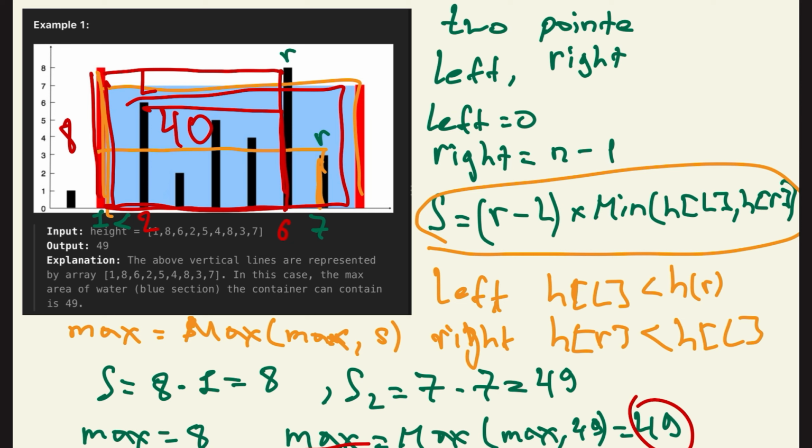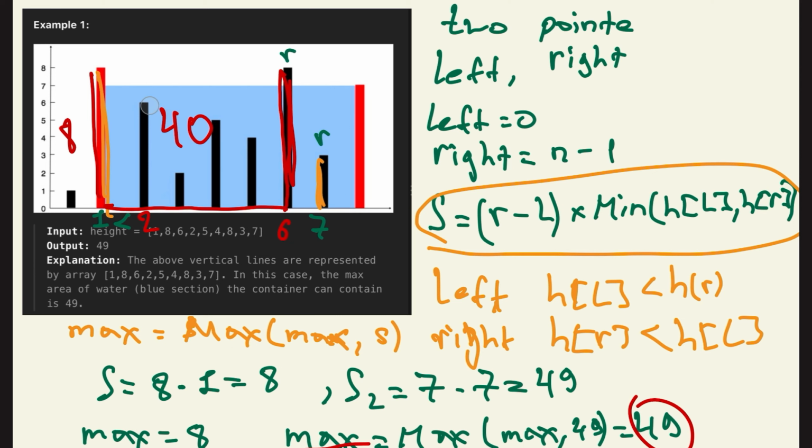After left is moved, because the height of left is less than the height of right, left will be there, and this is also currently less than this.